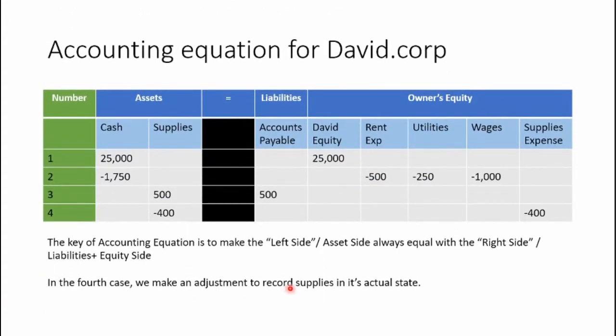Okay, now for the fourth example, we will talk a bit about adjustment. Let's say Mr. David, at the end of the month, looks at his supplies and determines that the supplies are no longer at 500 in value.